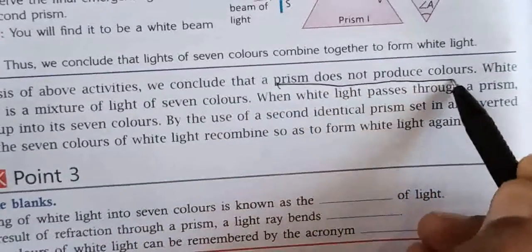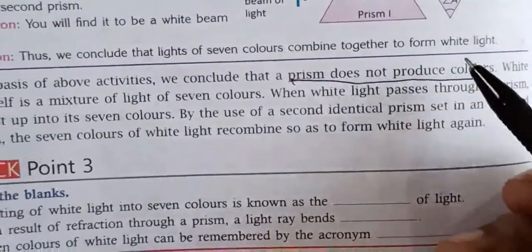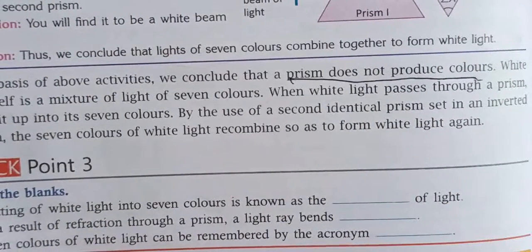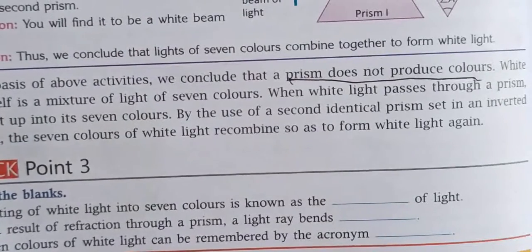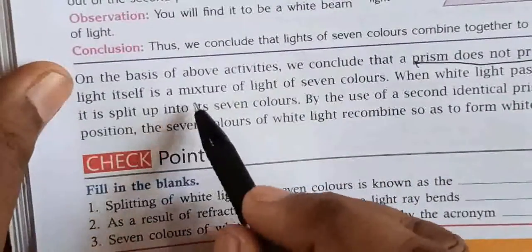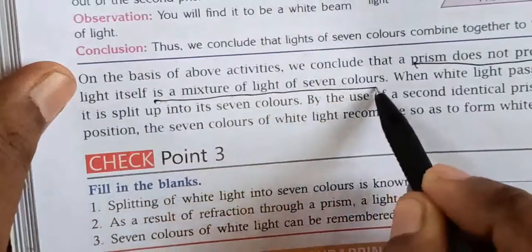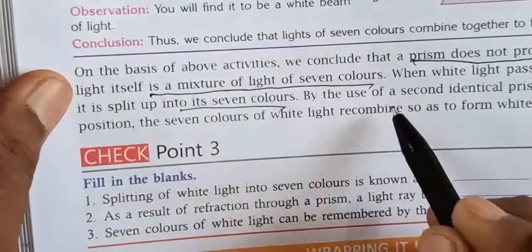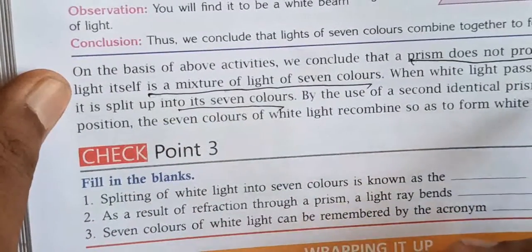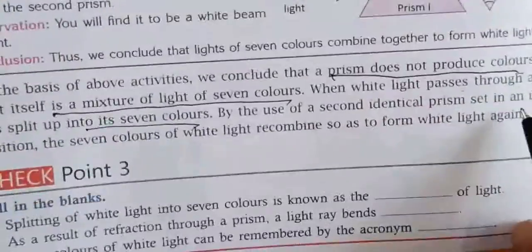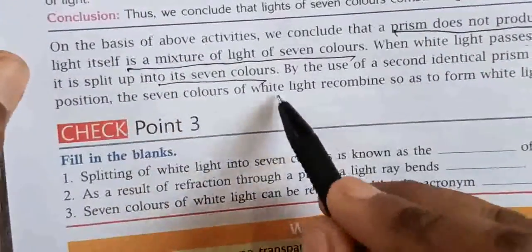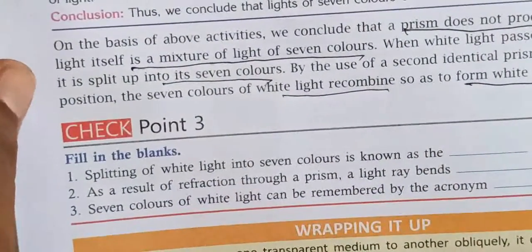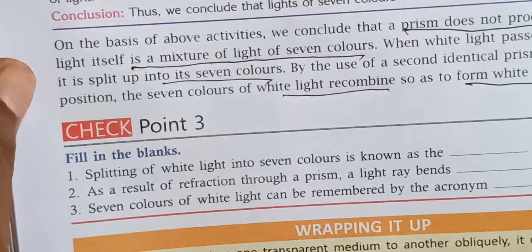It is the light which has this property of splitting into 7 colors. White light is a mixture of light of 7 colors. When white light passes through a prism, it splits into 7 colors. By the use of a second identical prism in an inverted position, the 7 colors of white light recombine and therefore white light is formed again. Right? This is called recombination of white light.